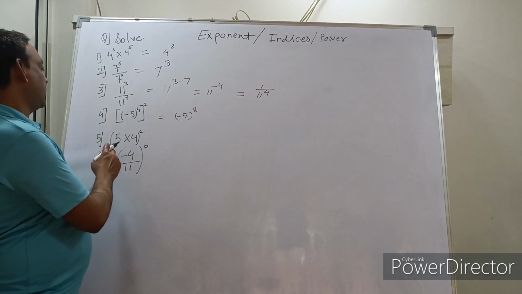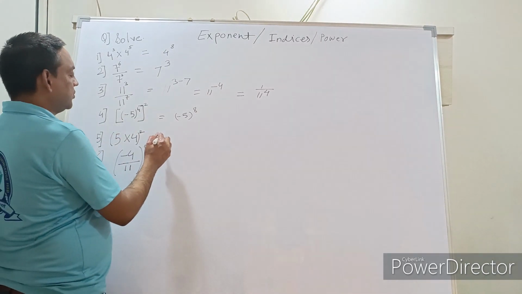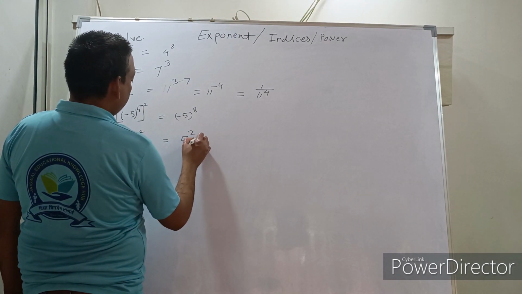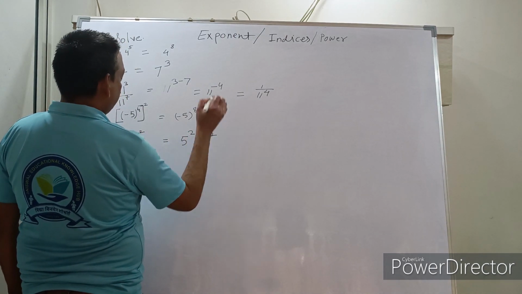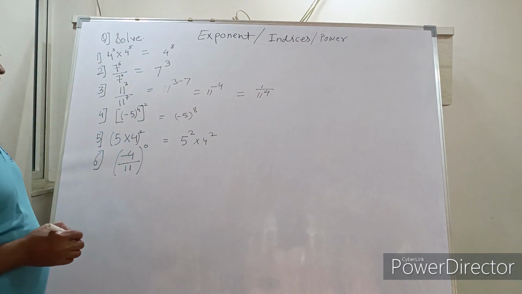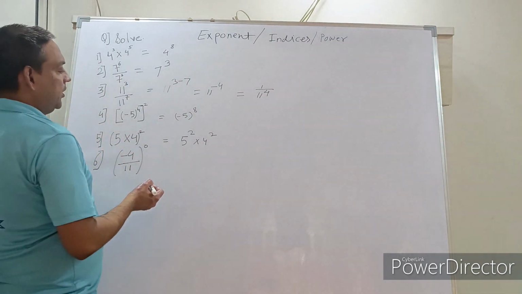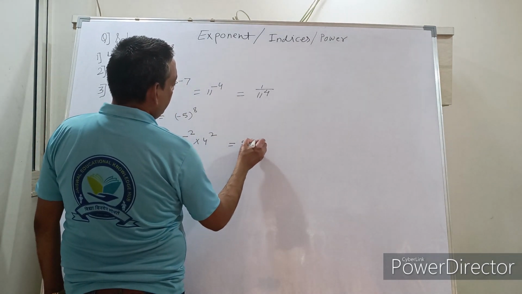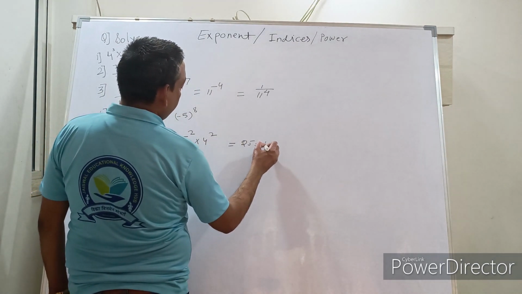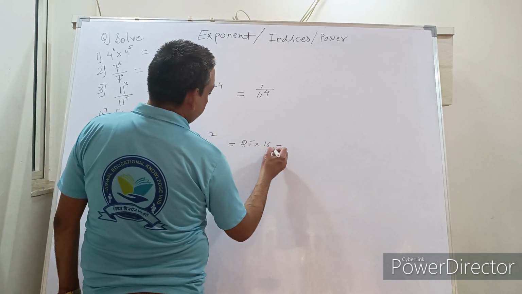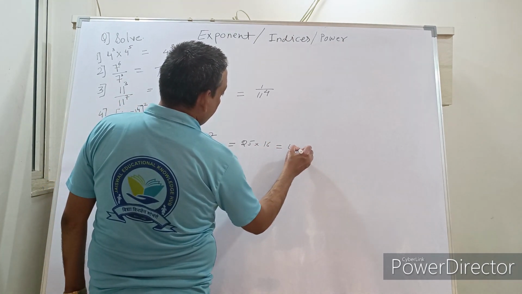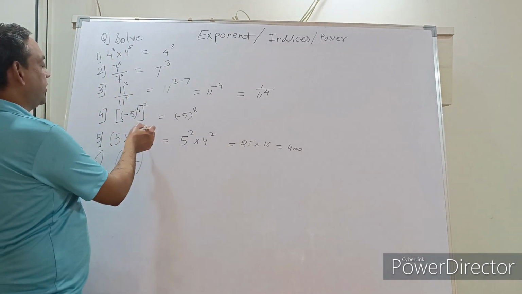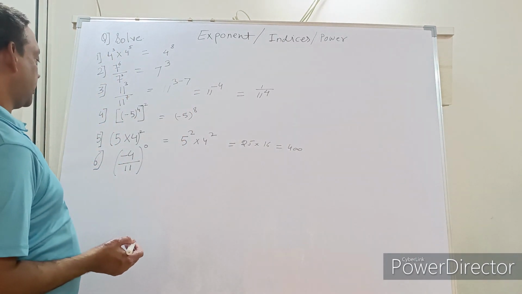Now this can also be written as 5 raised to 2 into 4 raised to 2, written in the simplified form. 5 squared is 25 and 4 squared is 16, and 25 into 16 gives you 400. If you do 5 into 4 is 20, 20 squared also gives you 400. You can do that also.